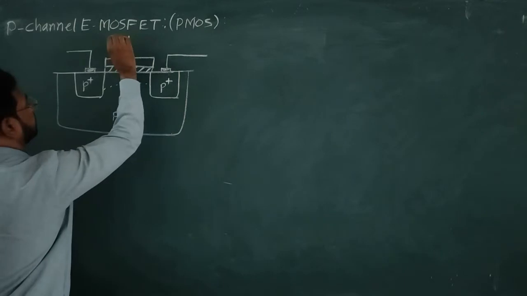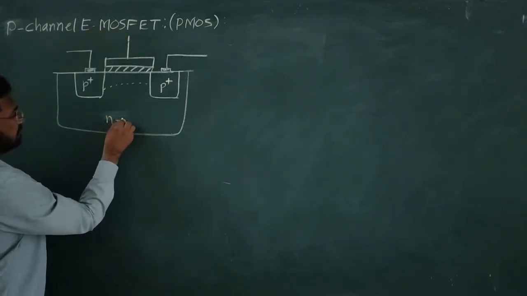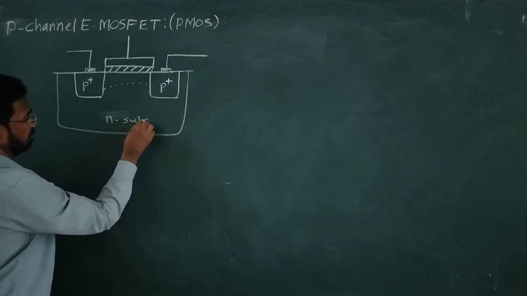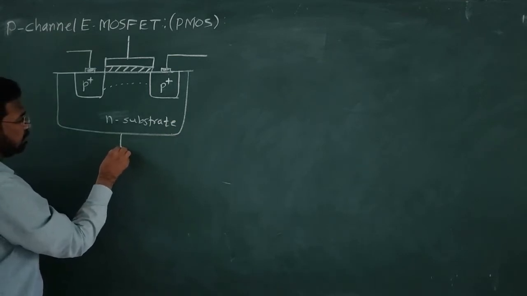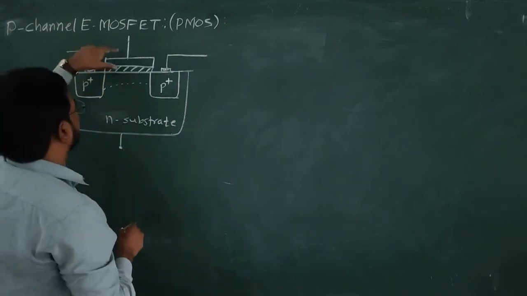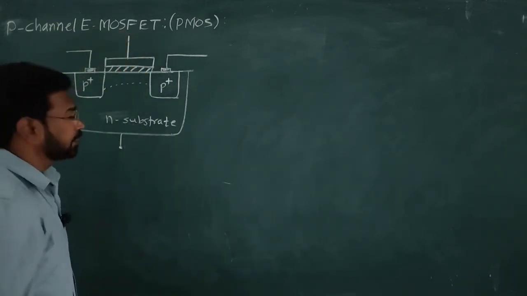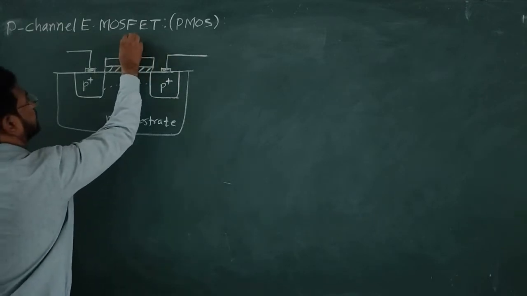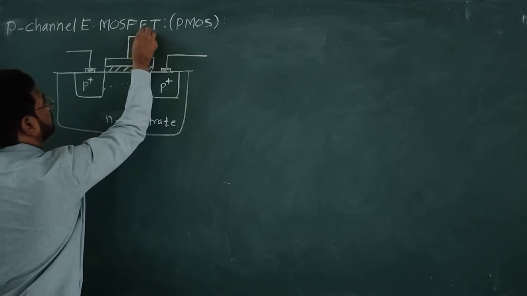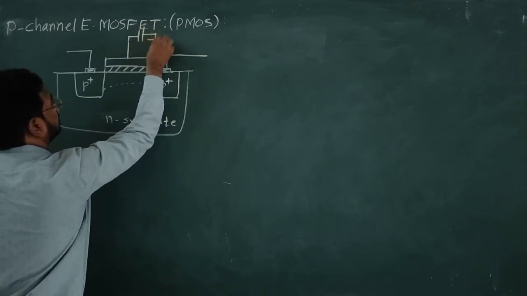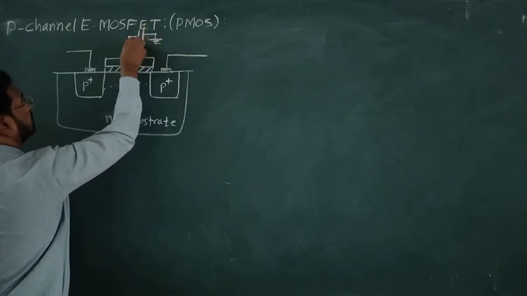Okay, and what is the voltage in PMOSFET? Sorry, here it is N type substrate, and one terminal from this is the body, the substrate terminal. So, here in P channel E MOSFET, negative voltage is applied, negative bias is given to the gate. I am showing the DC battery. So, it is minus and plus, minus plus.